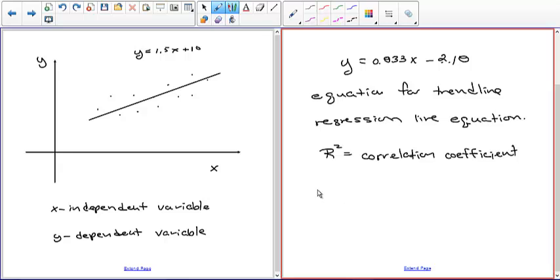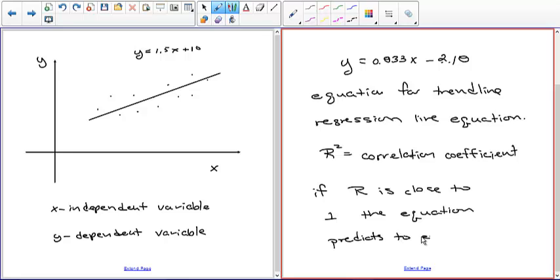If R is close to 1, the equation predicts the experiment well.